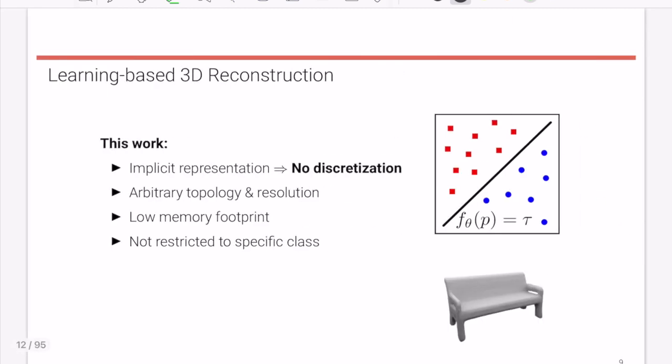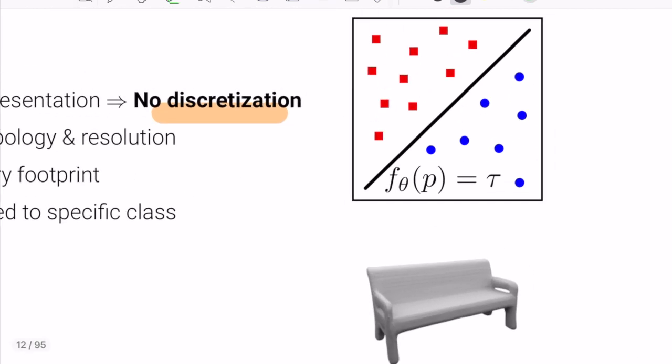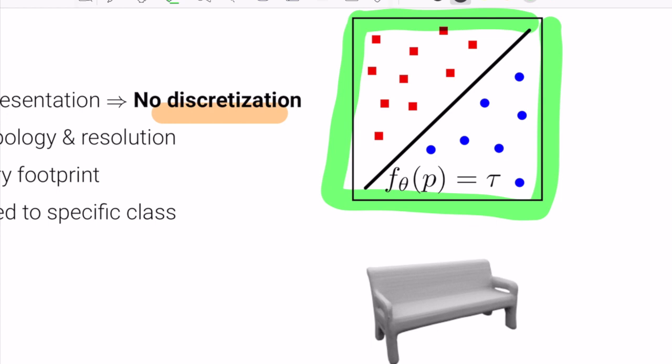But today we will talk about the implicit representation. The key ingredient of the implicit representation is that it does not require any discretization. For example, let's suppose that we want to represent such a space, and let's suppose this surface consists of infinitely many points.